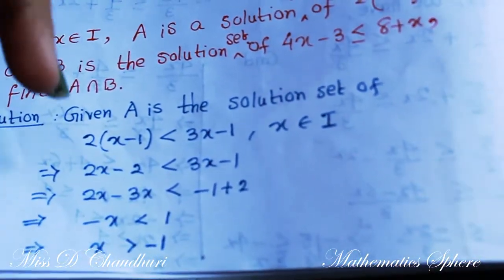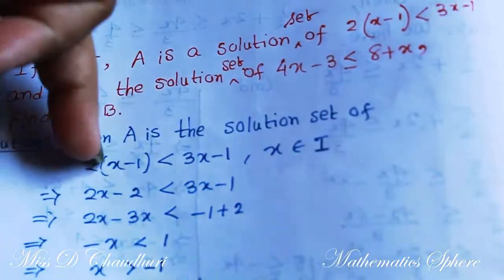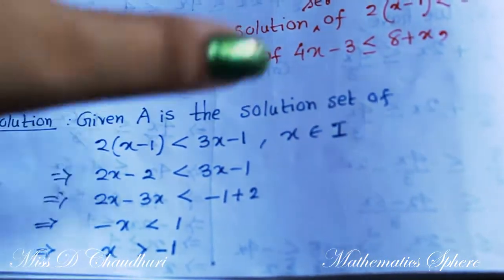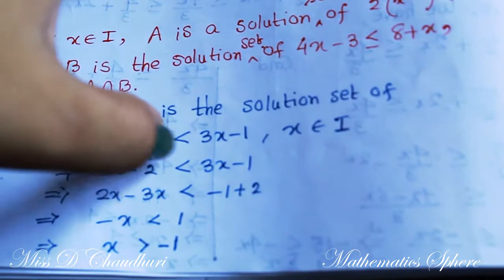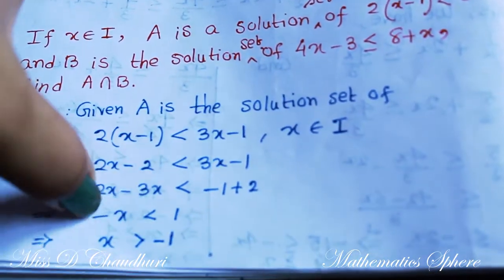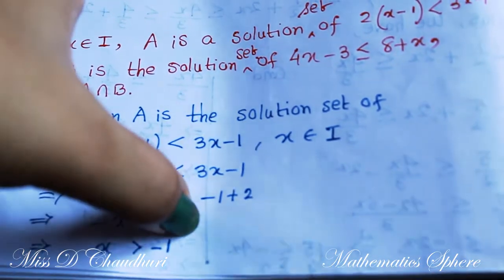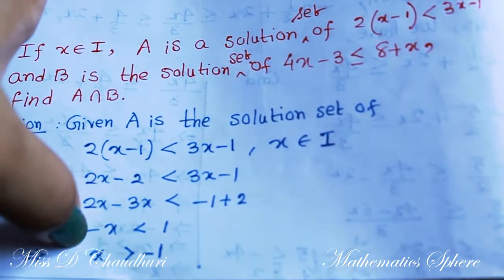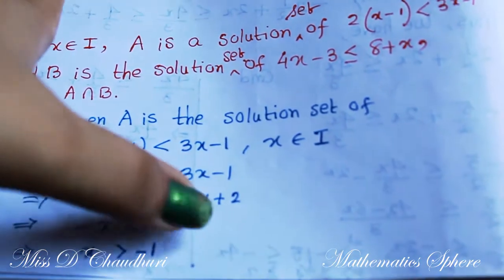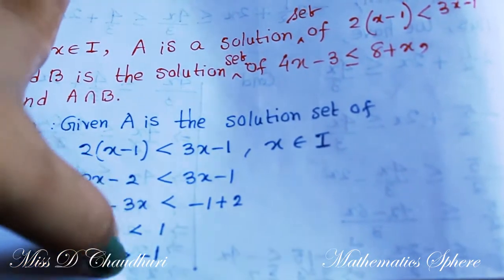So first see, given A is the solution of this inequality where x belongs to I. Now you solve this one as usual. You multiply this, then shift minus 2 to that side. Ultimately we get minus x is less than 1. Because it is minus x, when you divide by minus 1, the inequality will reverse.